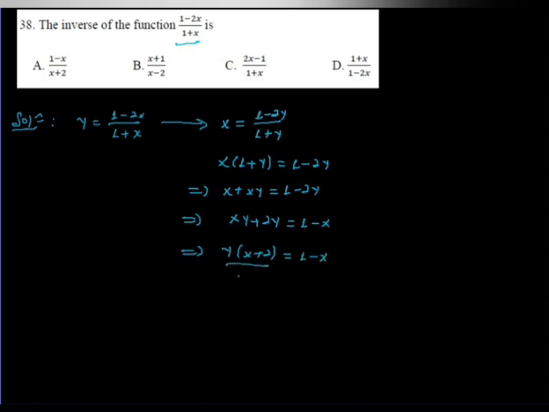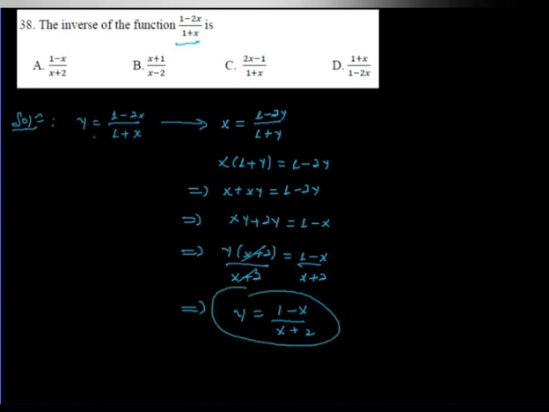Now you can divide both sides by x plus 2. The result becomes y equals (1 minus x) over (x plus 2). So this will be the inverse of the given function. Therefore, our answer will be A.